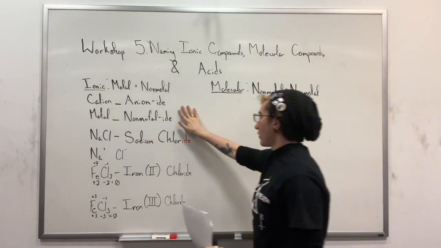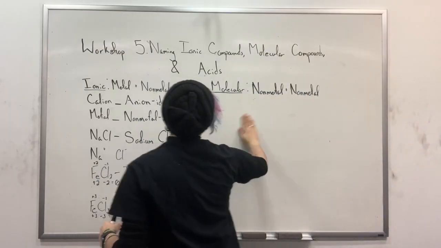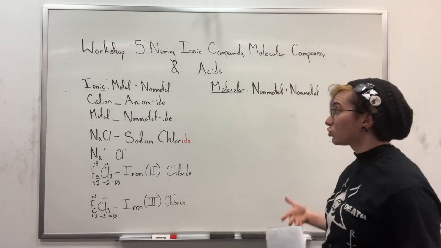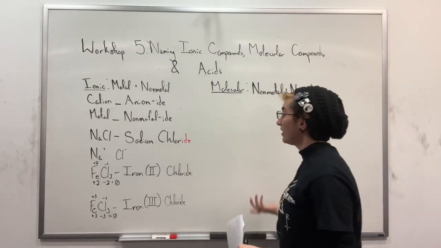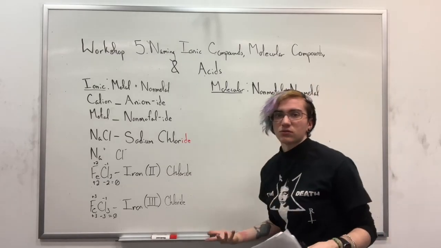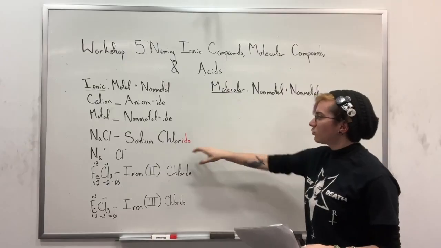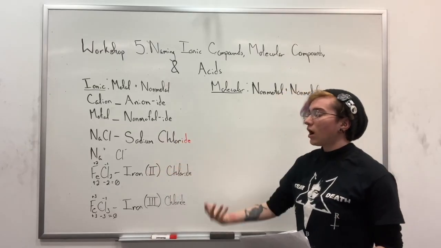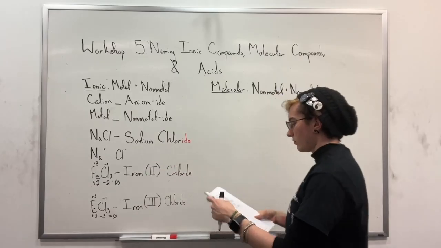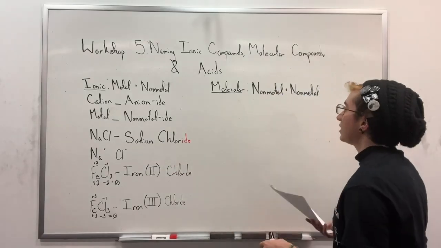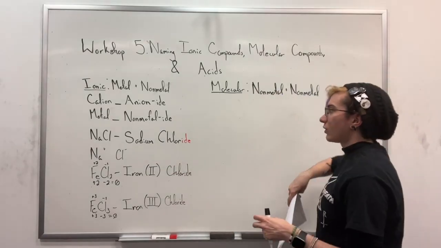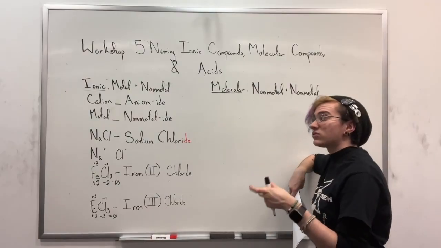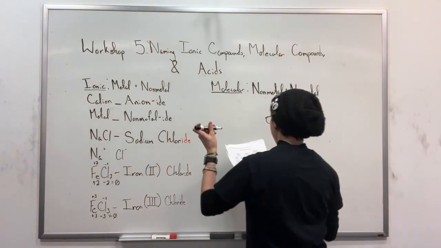And because you are sharing the electrons, the way that the electron density works makes it more complicated to know what the actual charge on your compound is. The overall compound still has to reach neutral, but you can't use the same logic that we use here because you're not necessarily making the full ion that we are with ionic compounds. So instead, we need to keep track of prefixes. We're going to say in the name of the compound just how many of each atom that we have based on the prefix we give the element.